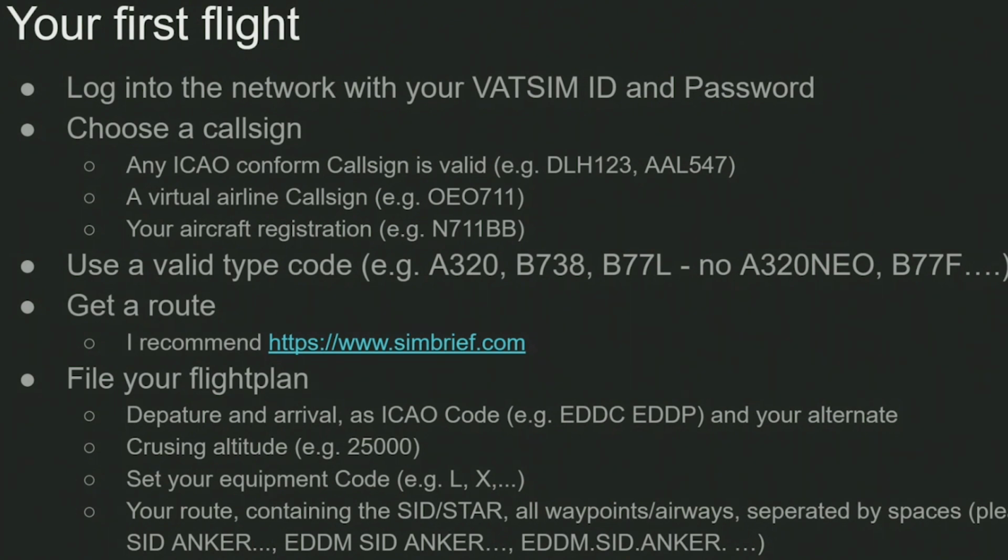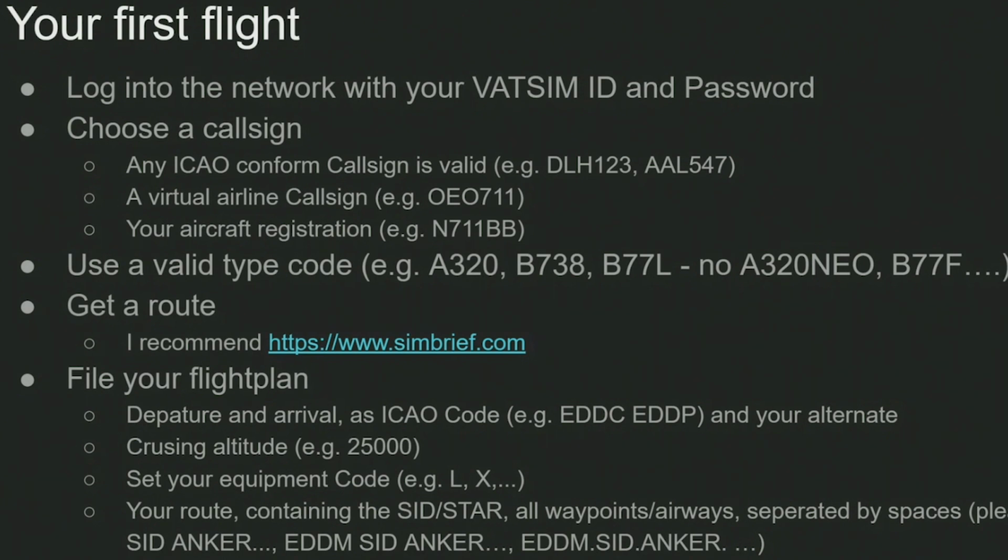So for example, if someone has an L as his equipment code, I can see his true heading and his true airspeed. Of course, I could see this for every airplane, because you can just enable it for everyone, but we want to keep it a little bit realistic. So planes that have these newer transponders, we simulate that. So if you fly an A320 or the whole family of it, you can put an L. It's not so important for you, but more important for the controllers.